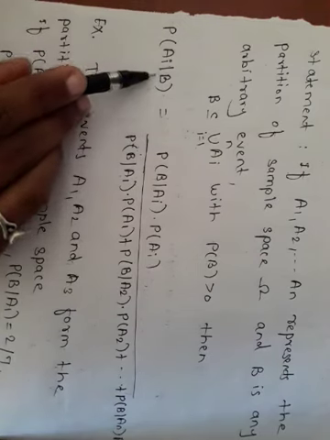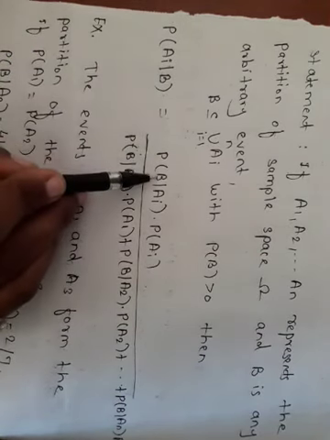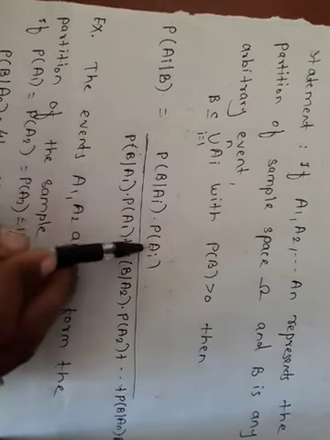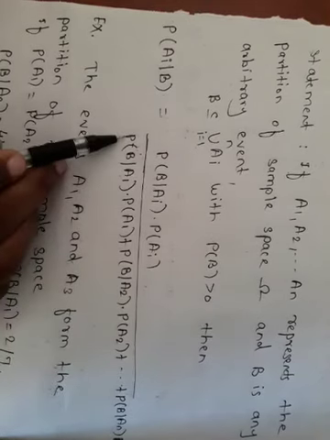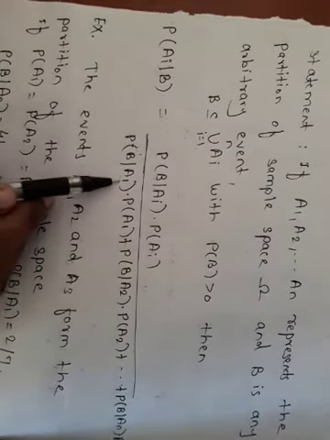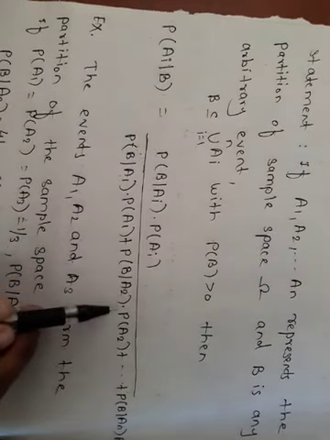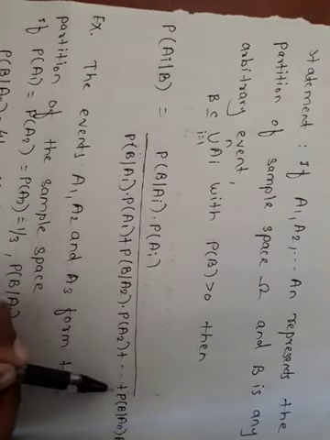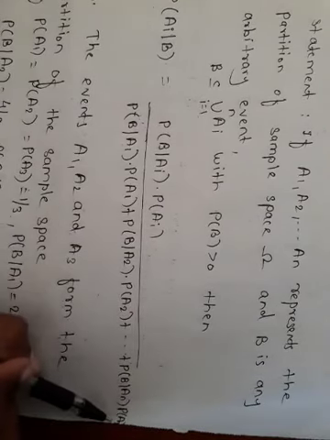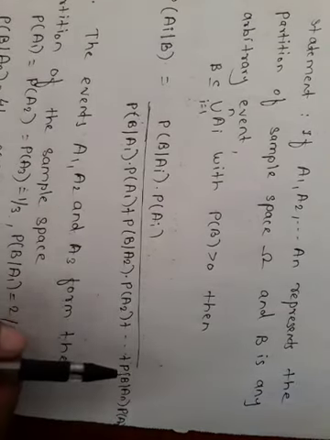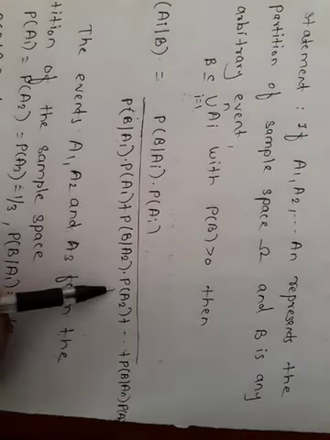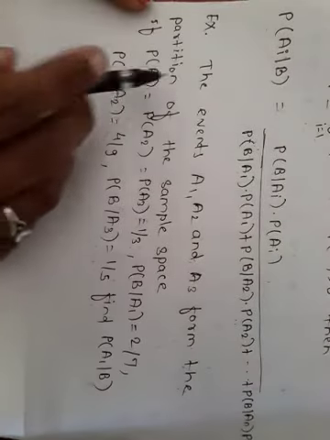Then P of Ai by B is equal to P of B by Ai into P of Ai divided by P of B by A1 into P of A1 plus P of B by A2 into P of A2 plus so on up to P of B by An into P of An. So using this statement, we solve one example.